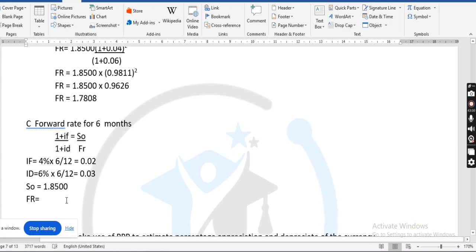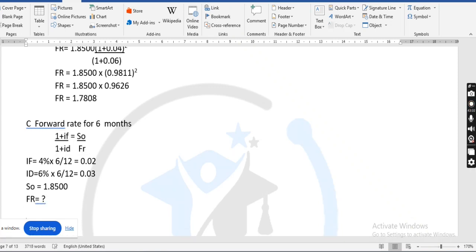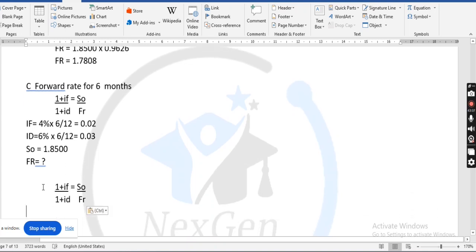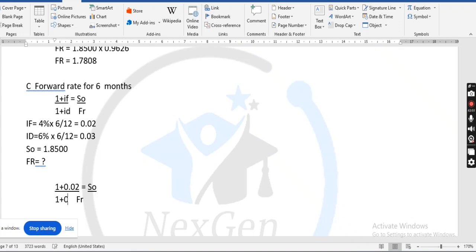The forward rate, so IF is 0.02, while ID is 0.03. The spot rate we have here is still 1.8500.